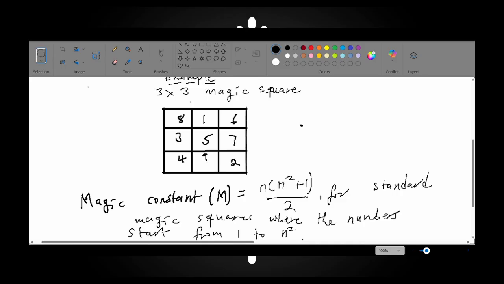And also, when we're talking of the main diagonals, we're talking of this from here to here, and then here to here. Because we're dealing with 3 by 3 magic squares, each of the diagonals should have 3 entries. So we have 1, 2, 3. So this one will be a main diagonal.